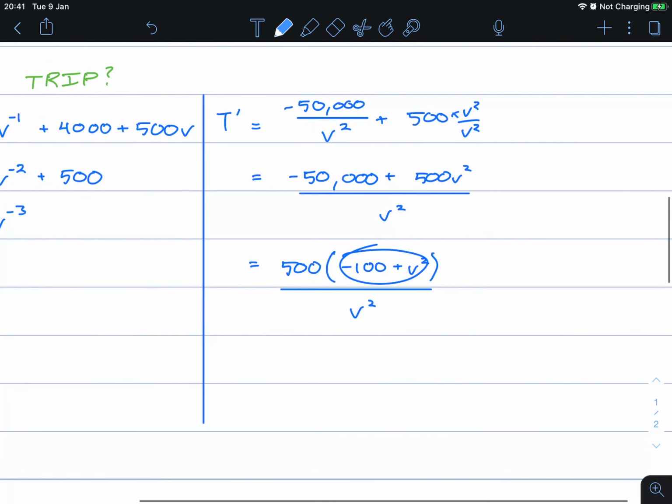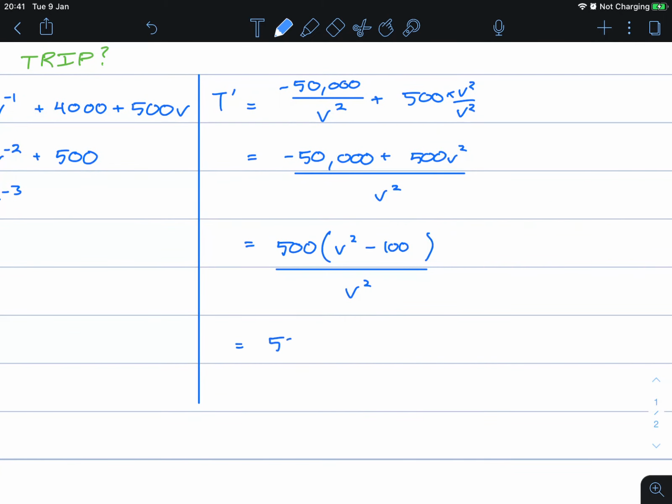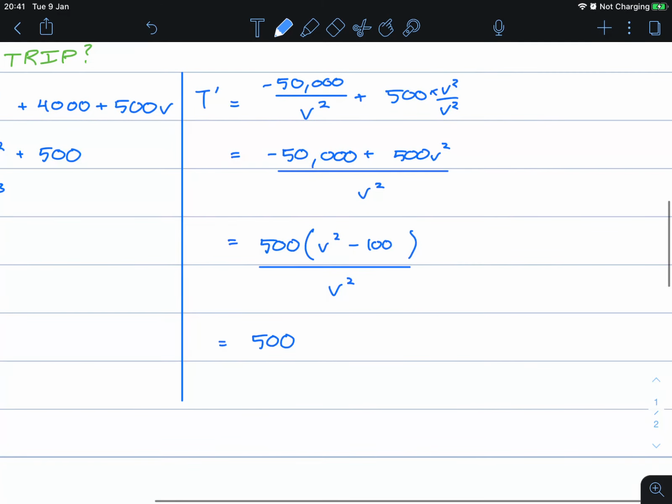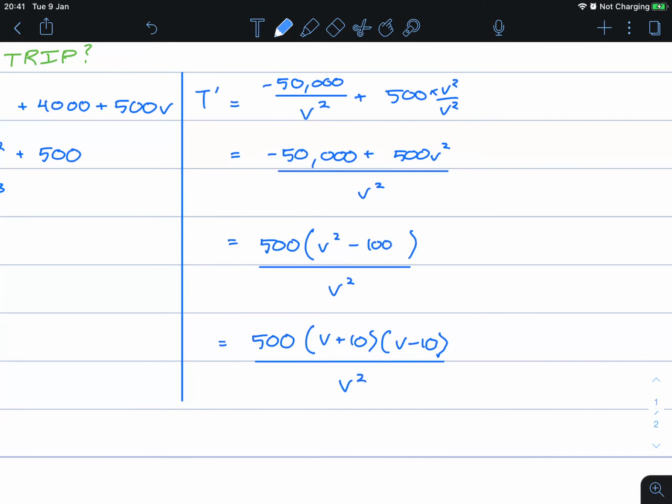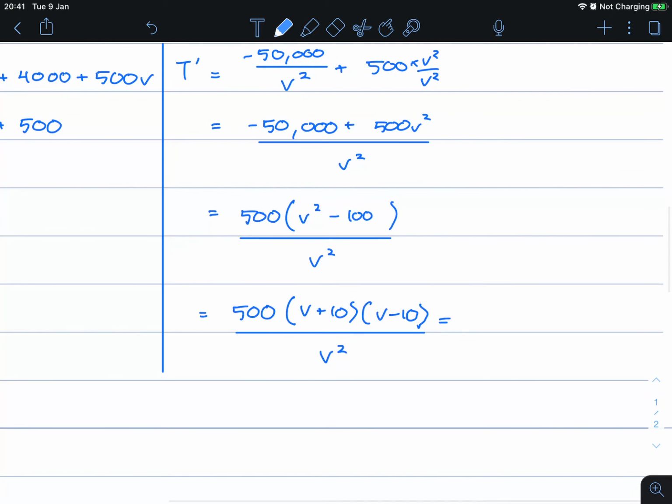If we were to rearrange this, it's actually V squared minus 100. And that is a difference of two squares, so 500 times V plus 10, V minus 10, all over V squared. And to find a stationary point, we're going to let this equal 0.